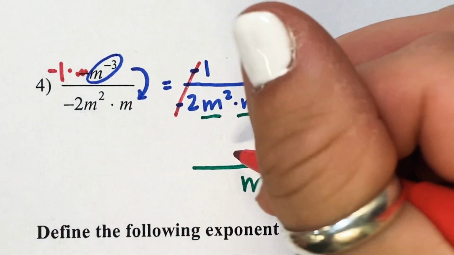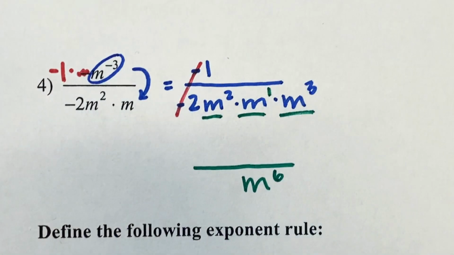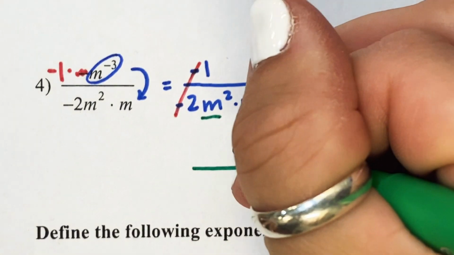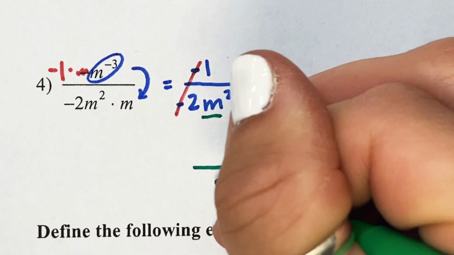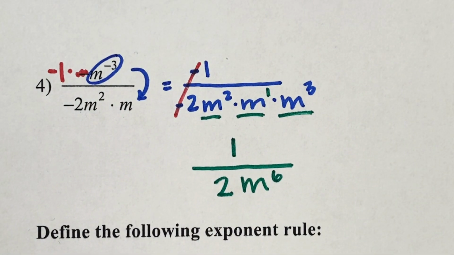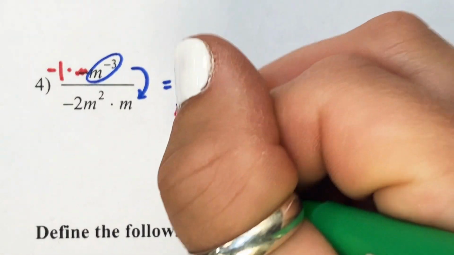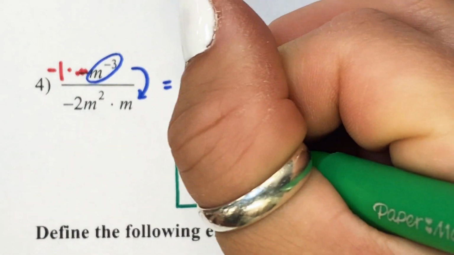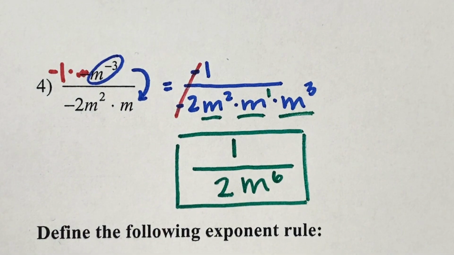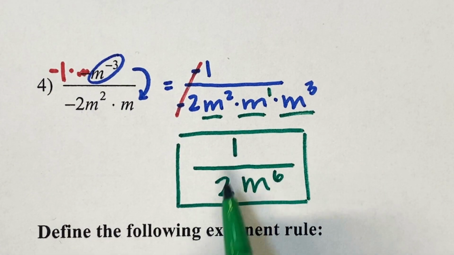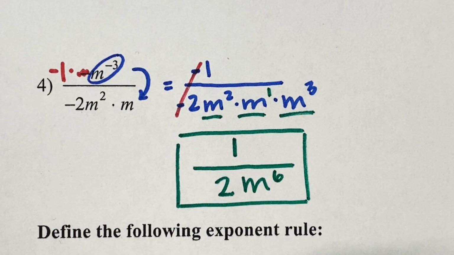The only thing that's left is that 1, I'll write it in green, that 1 left on top, and that 2 left on bottom. Now we are simplified. I only see one m, I see 1, 1, and 1, 2. Perfect, we are simplified.